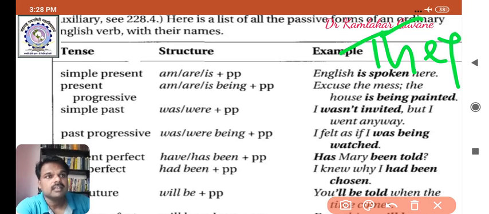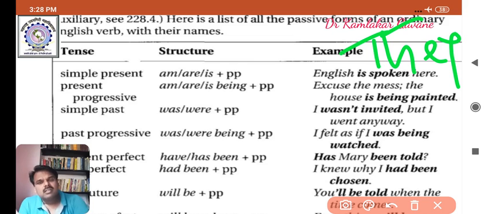When you use active voice, the subject is important. And when you use passive voice, English, the object, is important.